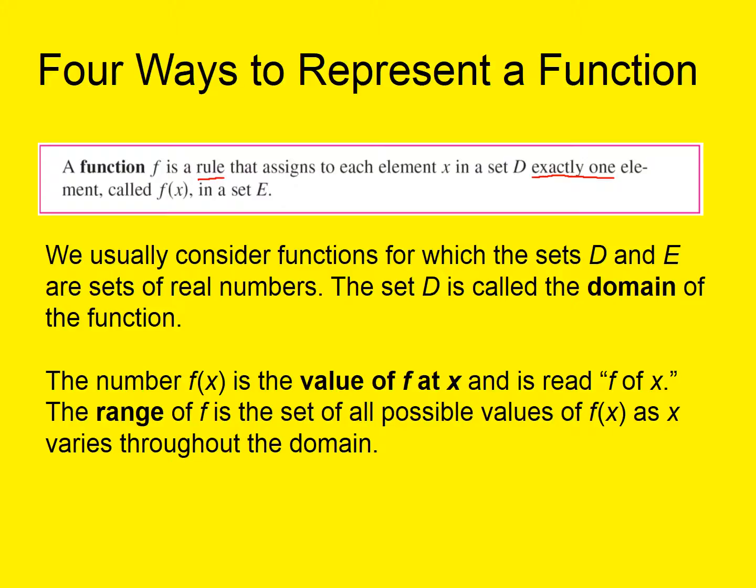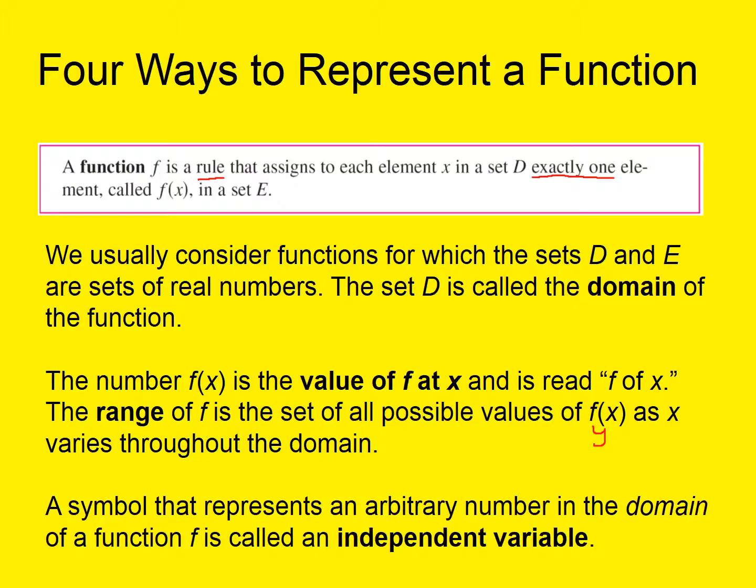It's not f times x. The range of f is the set of all possible values of f of x as x varies throughout the domain. And of course that f of x there is the y. So the range is actually the set of y values.